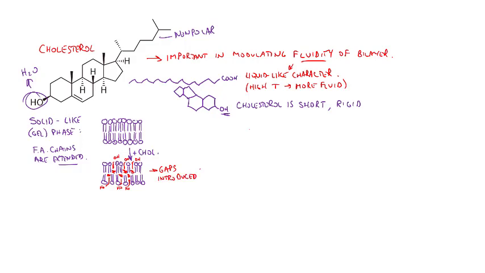So what's the big deal about that? Why are the gaps important? Well, if the gaps are introduced between the fatty acid chains, what does that mean? That means that the fatty acids are not in direct contact at that location.